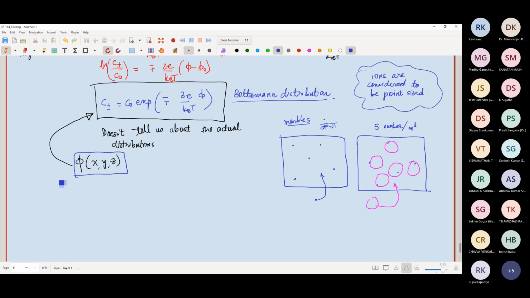The distribution of potential is obtained by means of the Gauss law, and we have discussed briefly upon this yesterday.